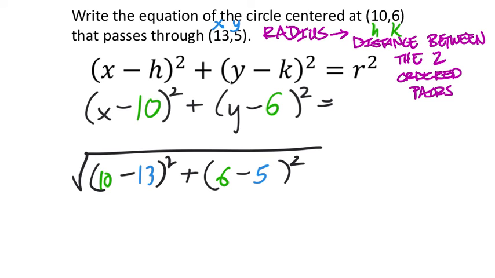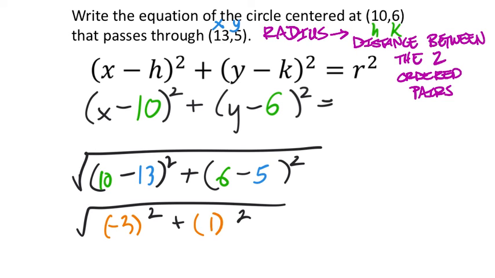Now you could put this directly into the calculator, but I see these ones actually aren't too bad to evaluate, even if we're going to square them. 10 minus 13 would be -3, 6 minus 5 is 1, and I end up with the square root of, really it'd be 9 plus 1, which is the square root of 10. And that is the actual distance between these two.